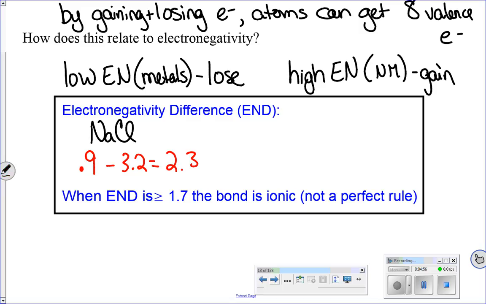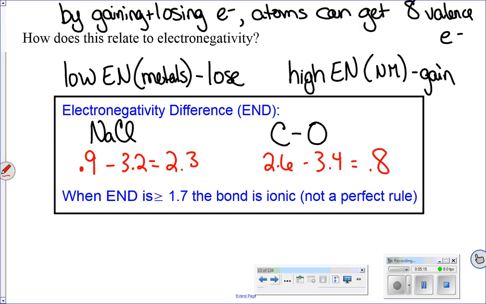Let's compare this to a carbon-oxygen bond. Carbon has an electronegativity of 2.6, and oxygen has an electronegativity of 3.4. If we subtract these two numbers, we get 0.8. That difference is very small out of that scale of 4.